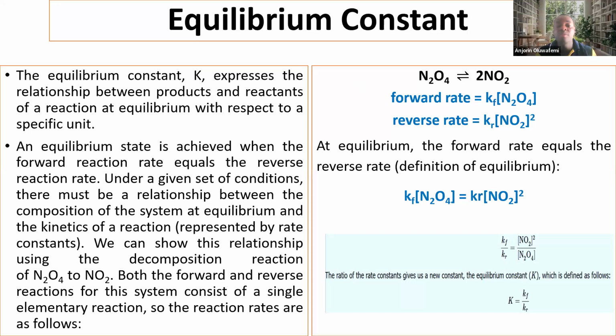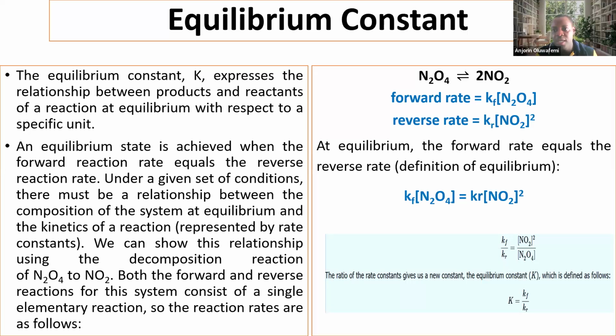So there must be a relationship between the composition of the system at equilibrium and the kinetics of a reaction represented by the rate constant. We can show this relationship using the decomposition of N2O4 to NO2. Both the forward and reverse reactions for this system consist of a single elementary reaction. So the reaction rates are as follows.